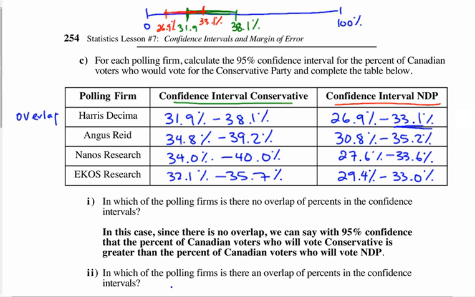Let's check Angus Reid, 34.8 to 39.2. So if I redo that line I have above here, it helps if you have two different colors. So I'm going to do green for conservative. So 34.8 to 39.2.